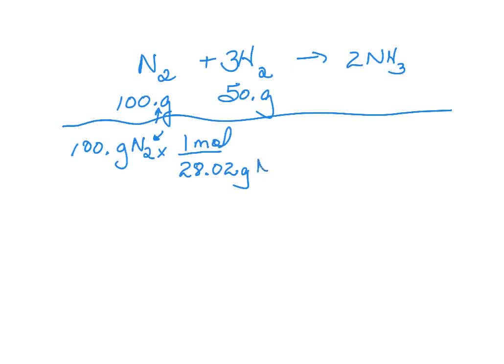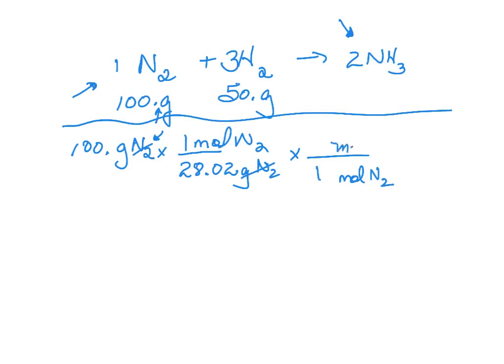All right, so now that would give me moles of nitrogen. Now I'm going to use a mole ratio to get to the product. Remember, I'm trying to figure out which of these reactants makes the least amount of product. So I'm going to put moles of N2 in the denominator so it cancels. And I know from the balanced reaction there's a 1 in front of that.